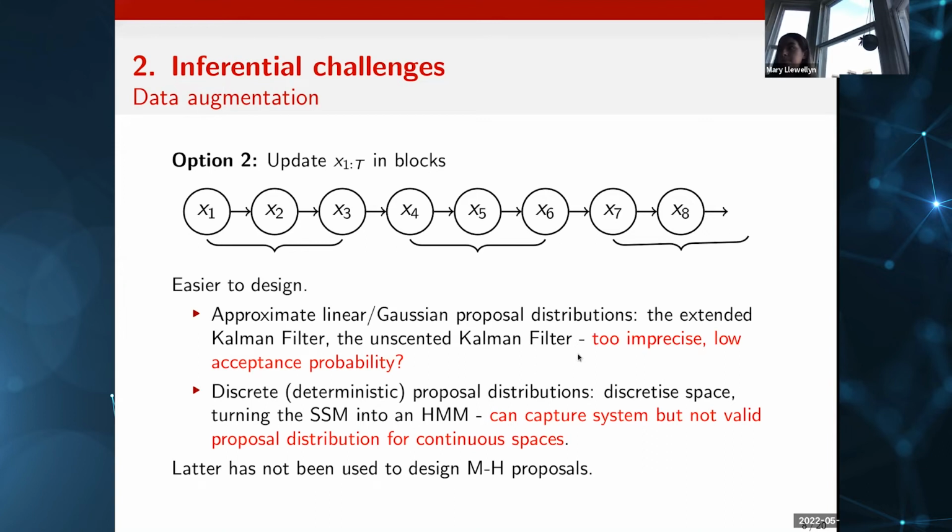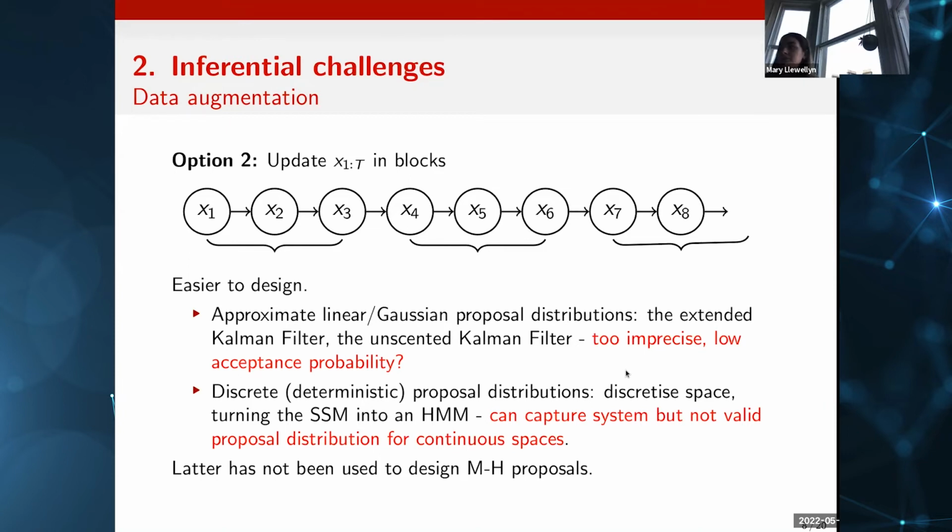So a generally sensible approach is to try and capture some of the underlying dynamics using linear and Gaussian approximations. I've given examples of potential proposal distributions we could use here. I've played about with some of these, probably some of you have too. They can be quite useful and quite efficient.